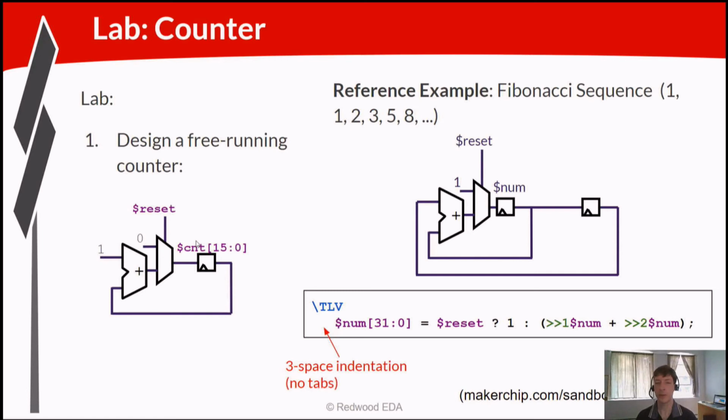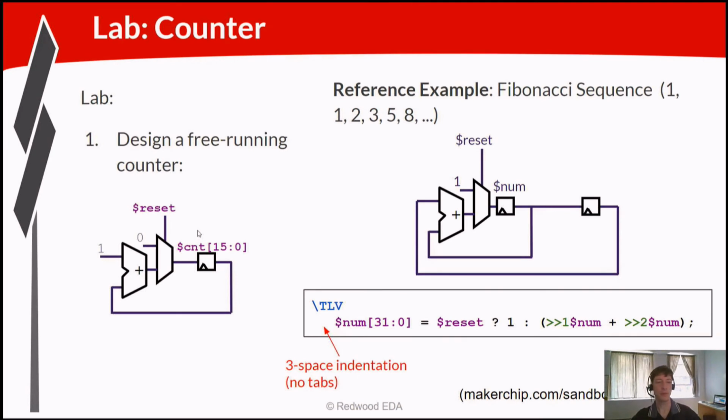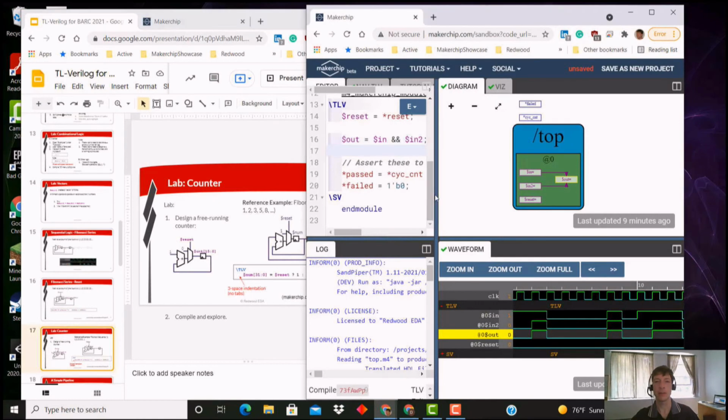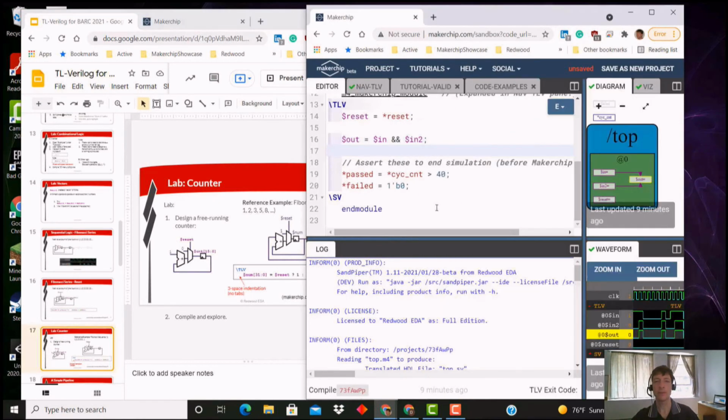Okay, a few seconds more. All right, hopefully most of you were able to create an incrementer. I'll quickly do this myself as well. So in place of this expression, we want count.